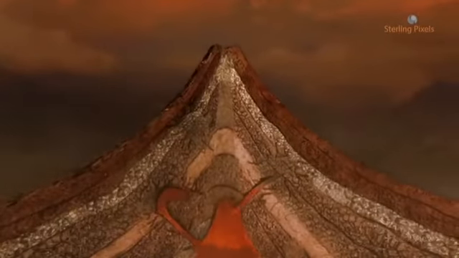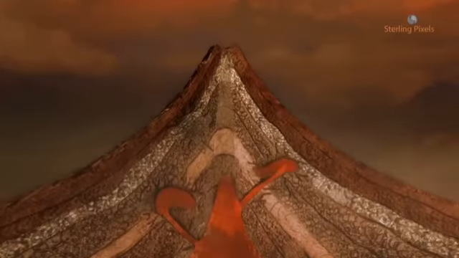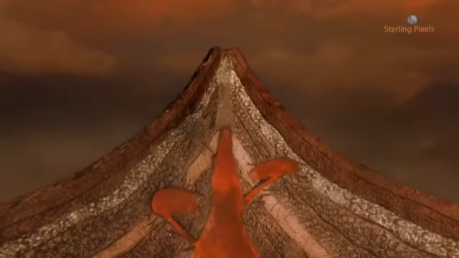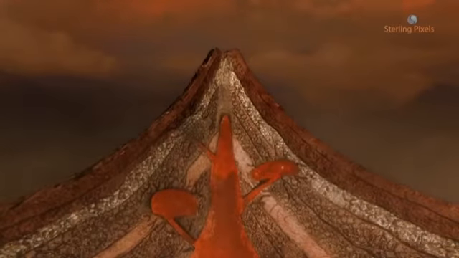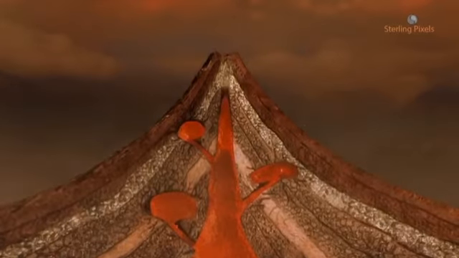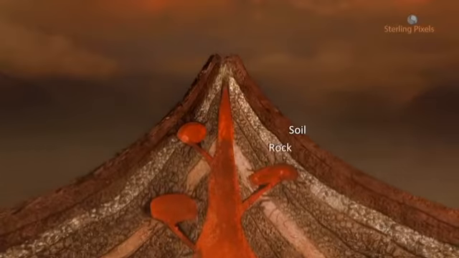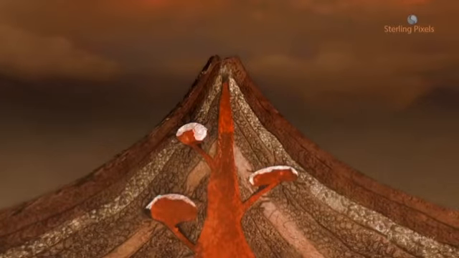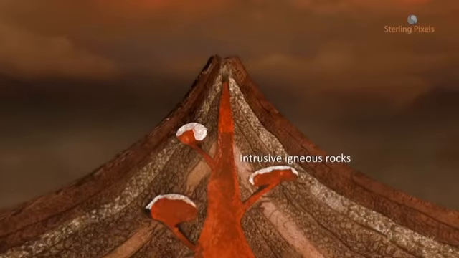However, some of the magma can't come out and settles inside the surface. The magma cools slowly beneath the Earth's surface as it is completely surrounded by the soil and rock present there. The cooling and the solidification of magma at a depth within the Earth's crust result in the formation of rocks having large crystals, known as intrusive igneous rocks.